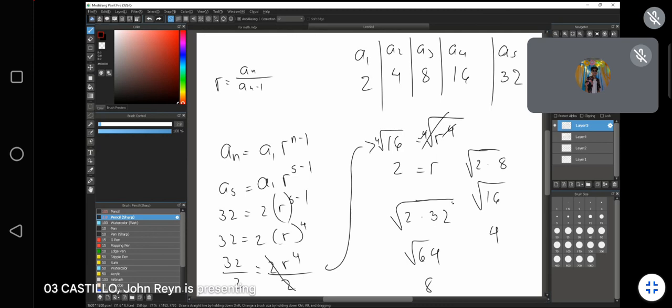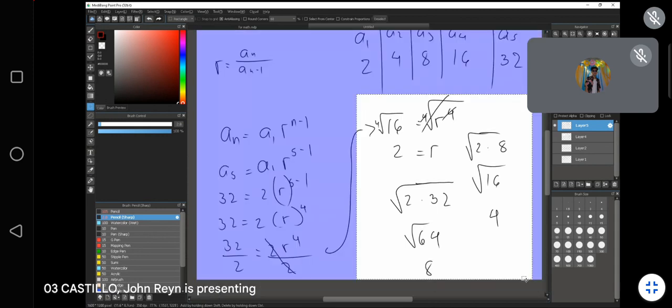Then what about a sub 4? So again, we're just gonna multiply the extremes. For this one, it would be 8 and 32. So wait, wala nang space. Sige, okay lang.